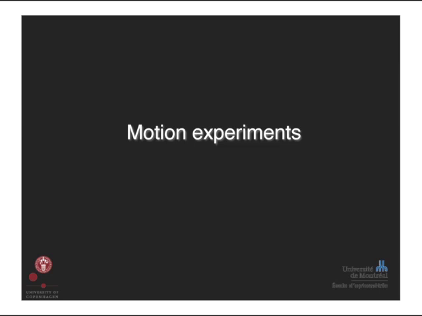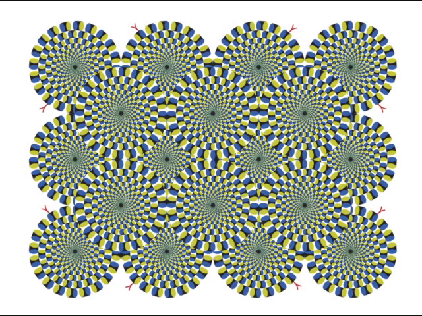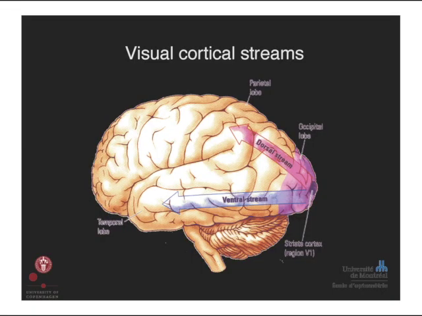So what about the streams coming out of this cortex? Somebody has shown this, and I love this picture. The two streams are there, the dorsal stream mainly for motion and the ventral stream mainly for the recognition of shapes.